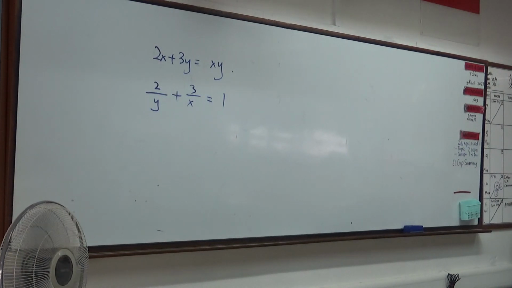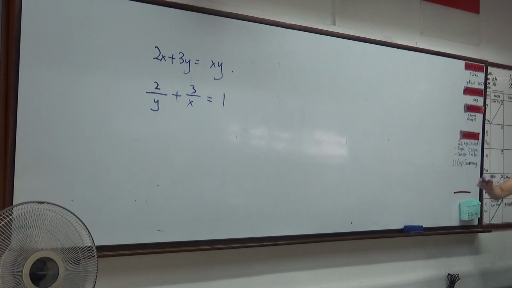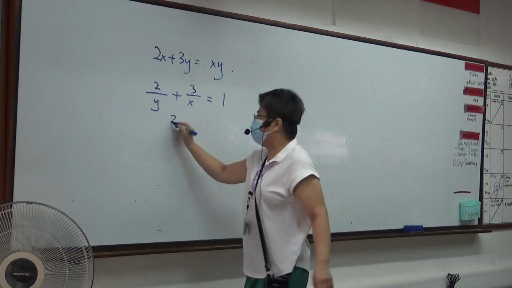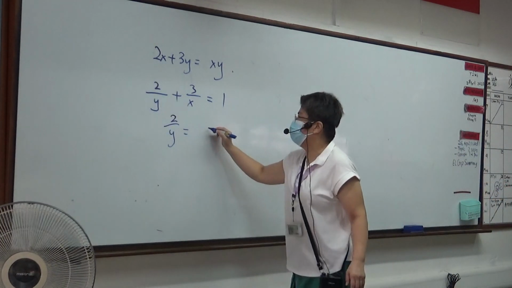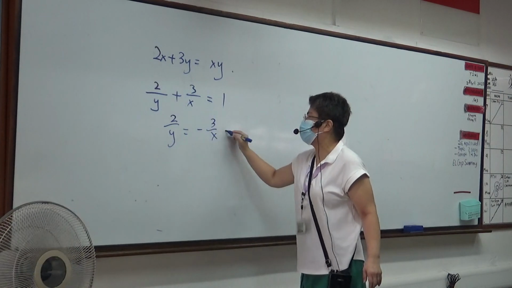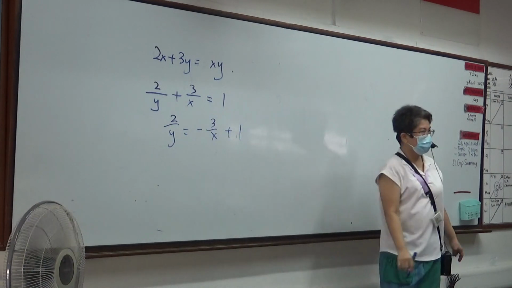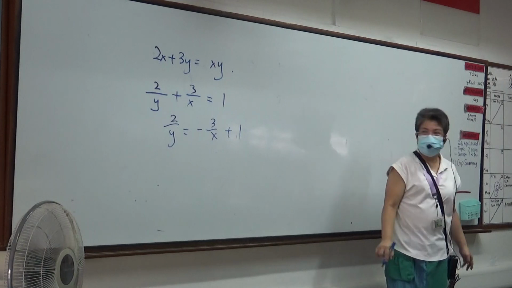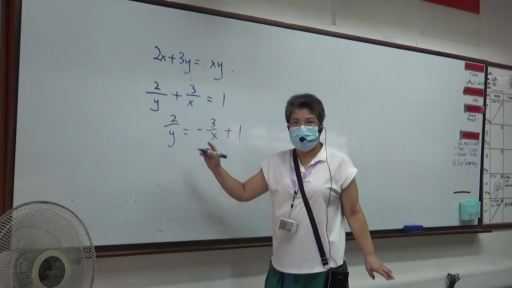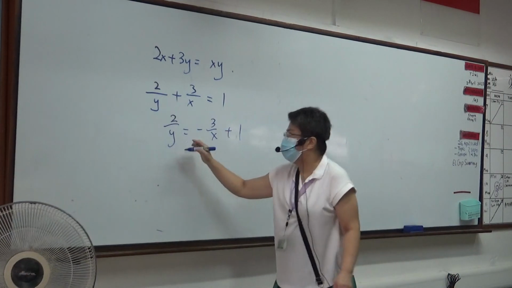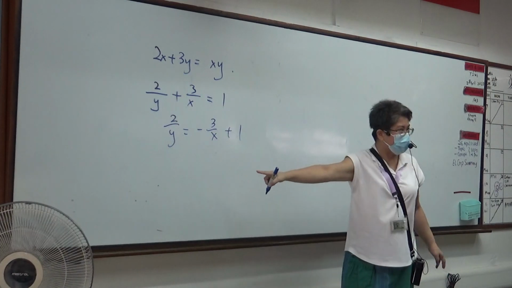Are you okay here? Okay. Now, if I let 2 over y stay here, this will be negative 3 over x plus 1, right? Everybody okay? Now, you look, this is 2 over y.